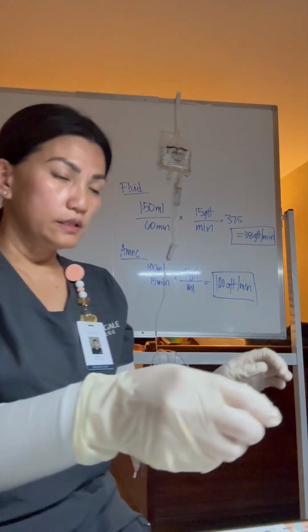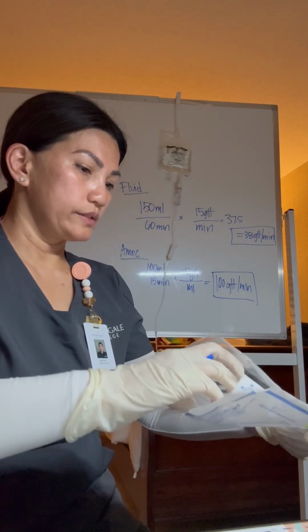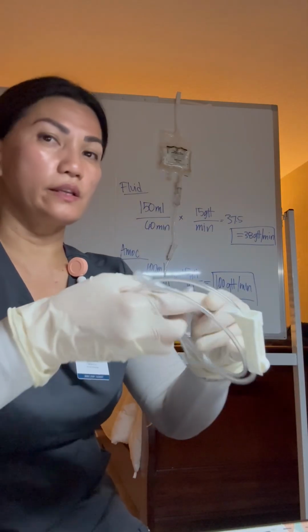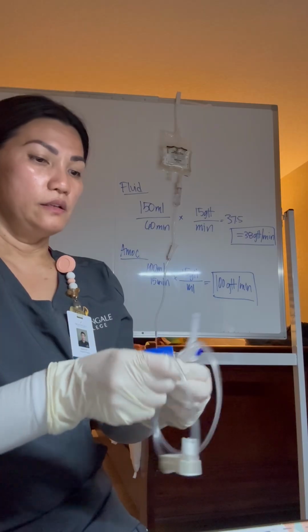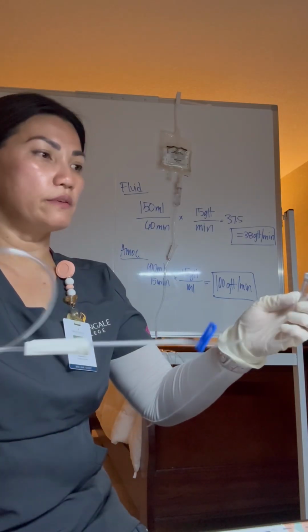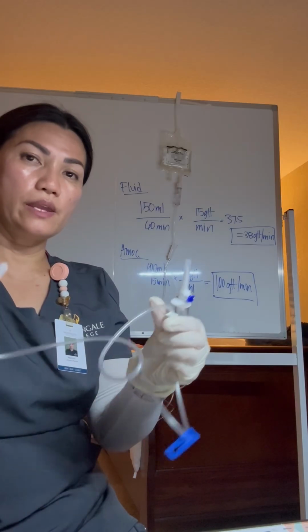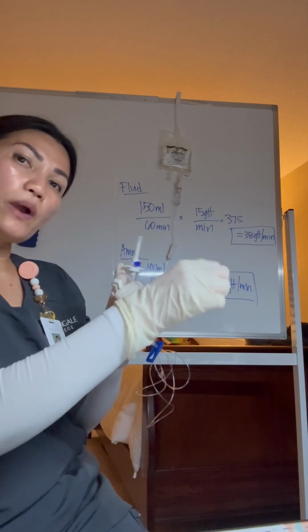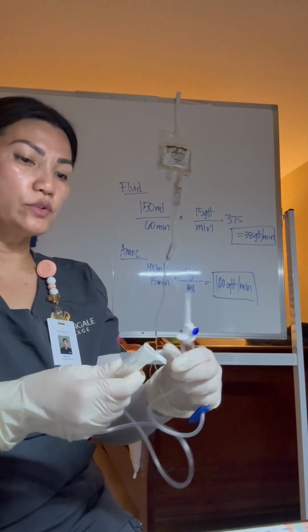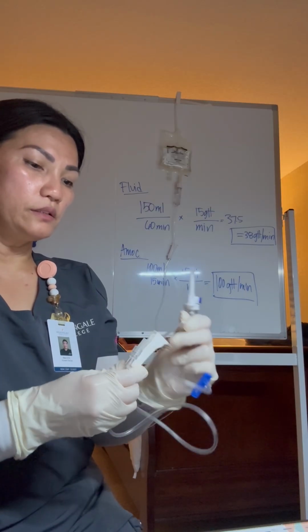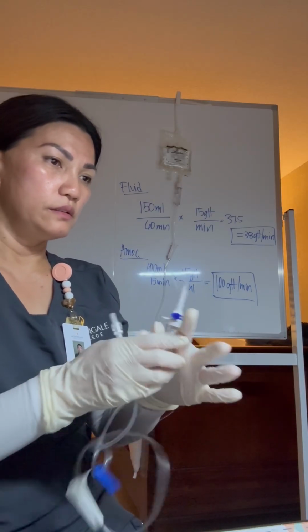And then we're gonna go ahead and set up our second bag. We have our secondary tubing, same thing. We have our spike, the chamber, the roller clamp, and then this will go into the white port. So make sure that the roller clamp is closed. All right.